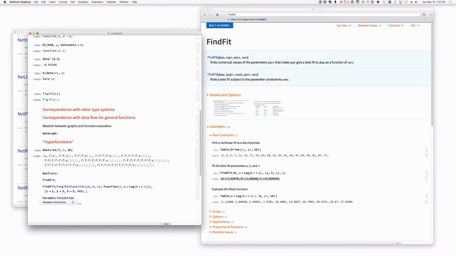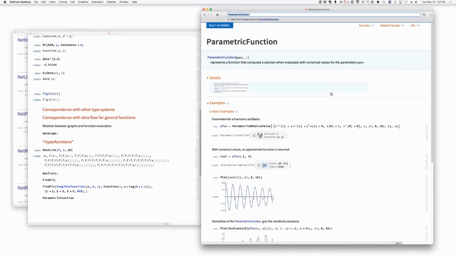Parametric function, yeah. So what is a parametric function and how does it relate? That's a little different, right? This is a function that needs a parameter.